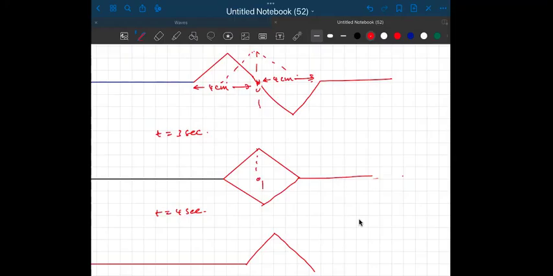And this is point P. That's the situation. At this point, it will become flat. Remember, there is no incident as well as reflected wave there. What you will see is a flat.